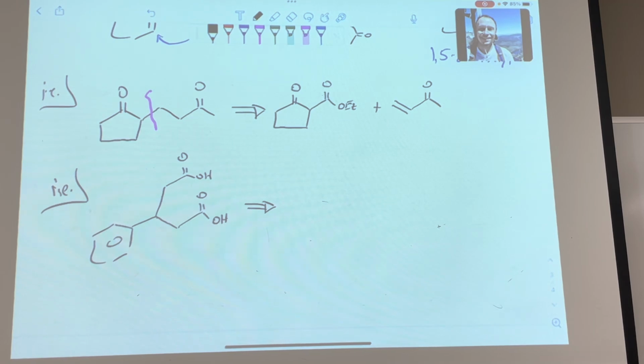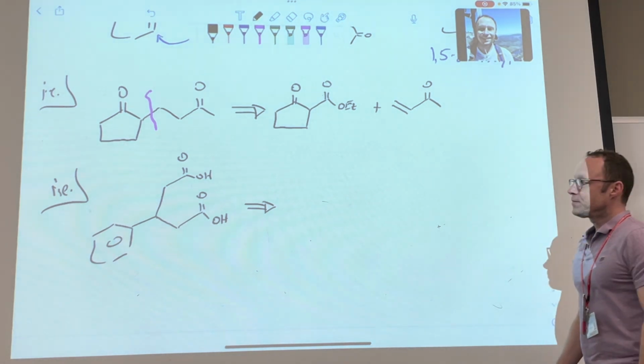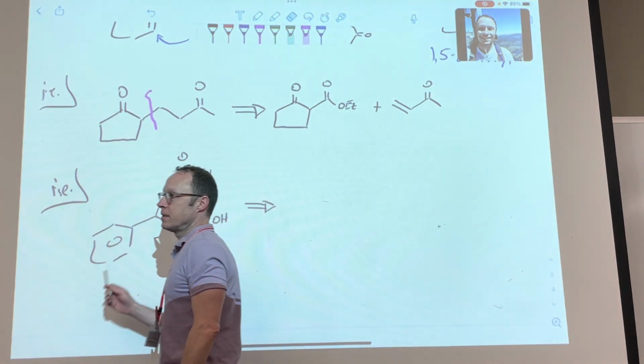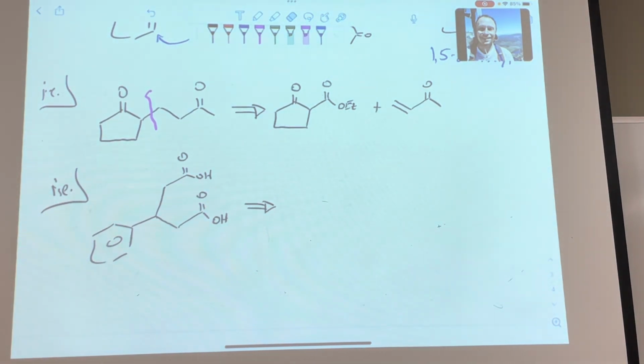There's another clue in this target. What's the other clue here? Go through that Rolodex of reactions. We went through most of them. So we talked about that it's not an aldol, it's not a Claisen, it's not acetoacetic ester.